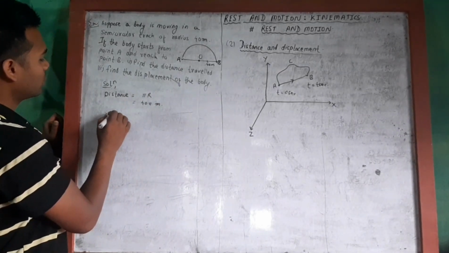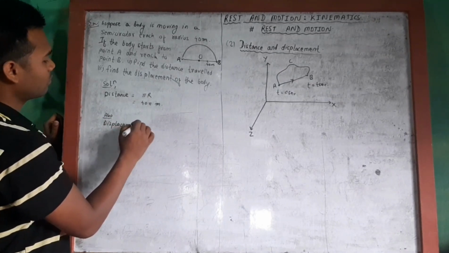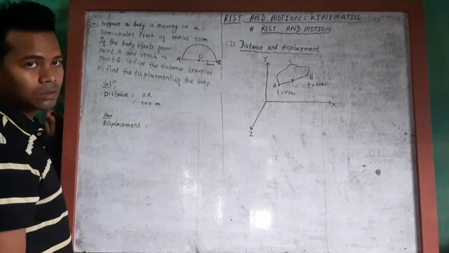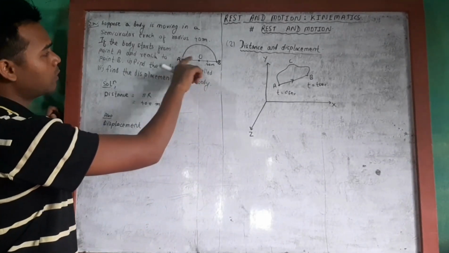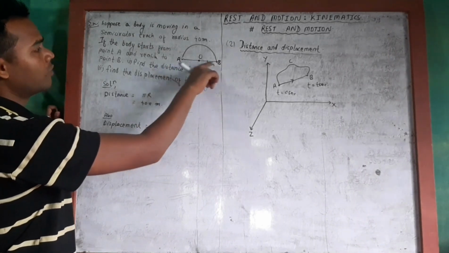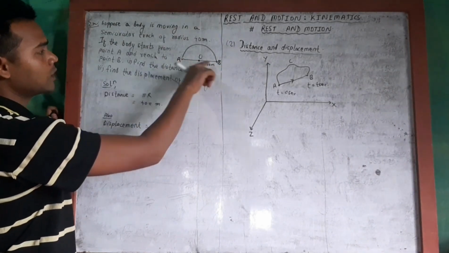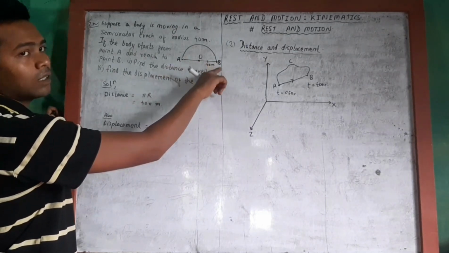Also displacement, the displacement is given by the length of AB, or displacement is given by the line which joins the initial and final points.